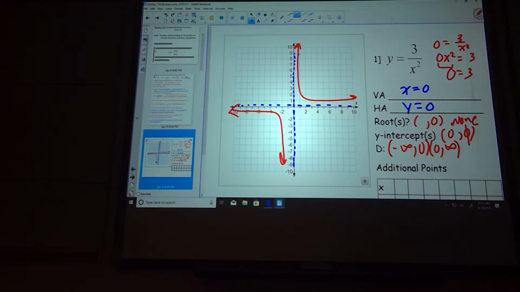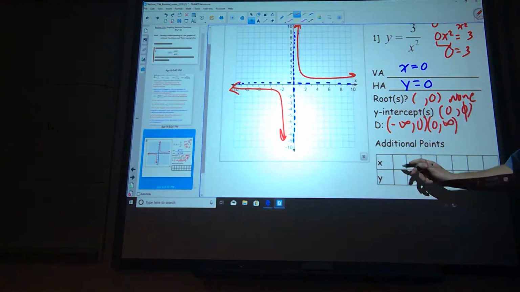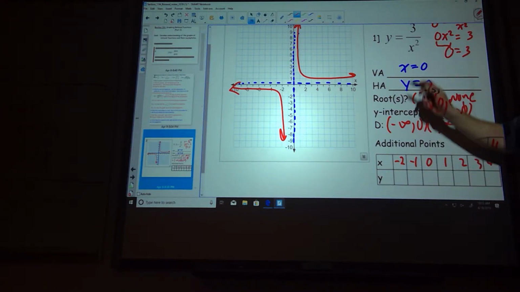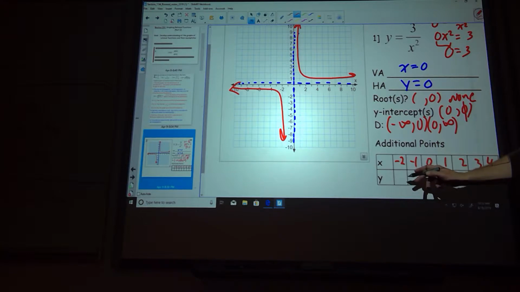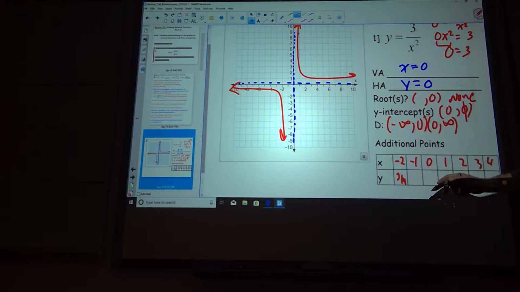If you really wanted to do this, and this is the only one I'll do it on because it's a simpler one to plug into, if I did -2, -1, 0, 1, 2, 3, 4, if I plug -2 in, I'd wind up with 3 over 4. If I plugged -1 in, I would wind up with 3. 0 doesn't work. 1, I get 3. 2, I get 9. Now we're going the wrong way.